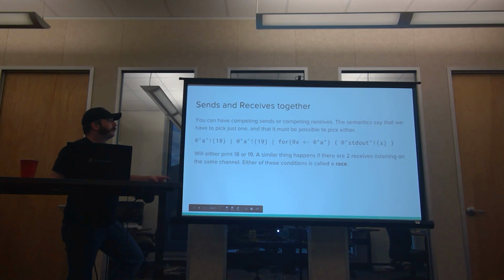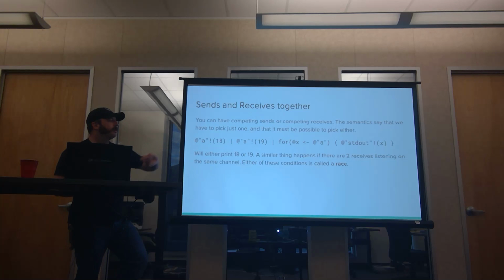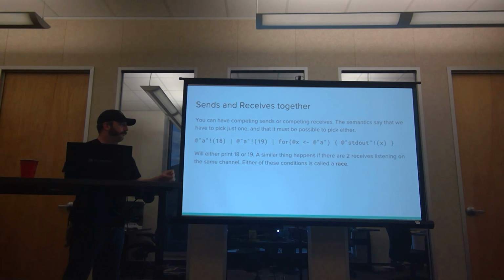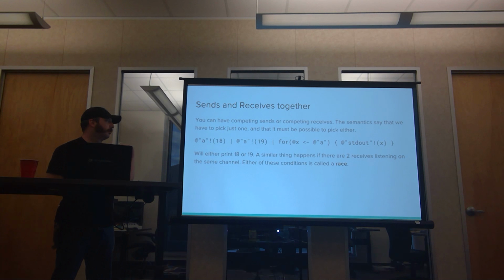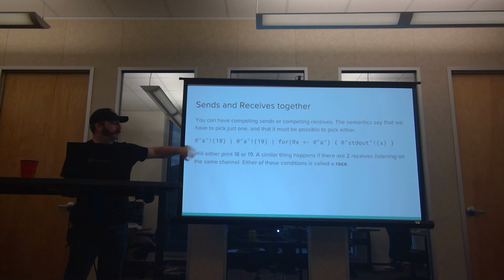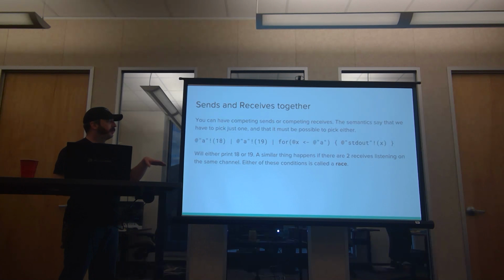So along with one receive on the channel. So if we were to execute this, it will either print 18 or 19. And unfortunately, I think it will just print one of them.